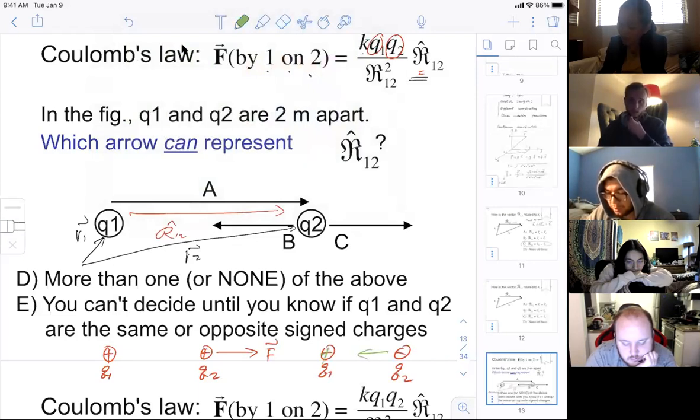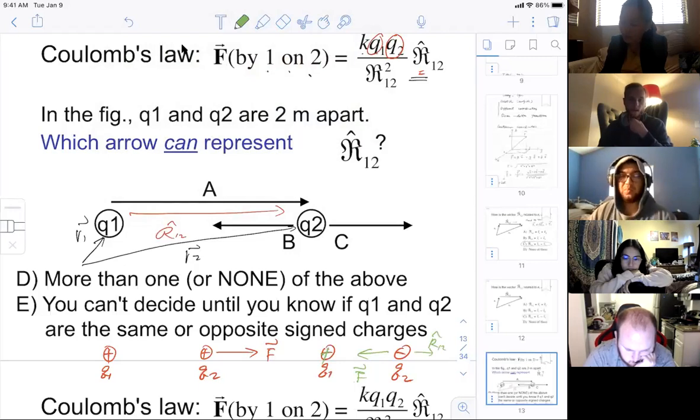they attract. The force has to be pointing to the left. And you wonder, in this case, is my R12 still pointing to the right? What do you think? Are we still representing R12 to be pointing to the right? Now you can see that we want our force to be pointing to the left.